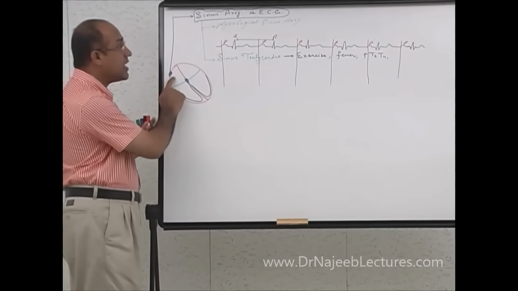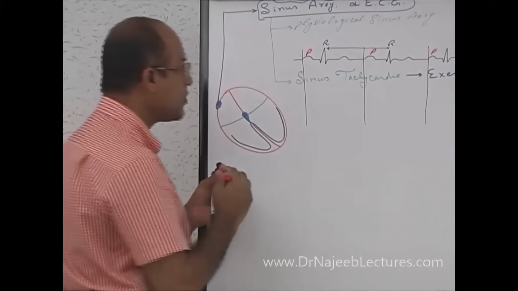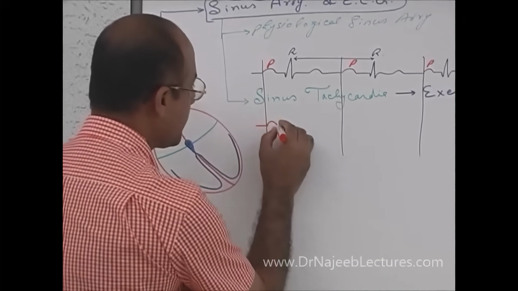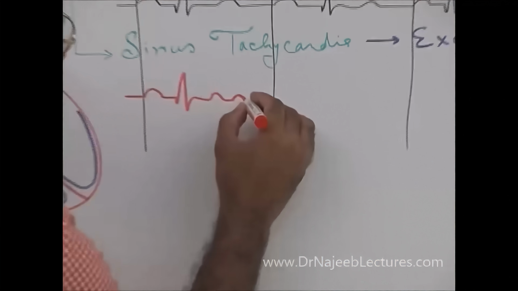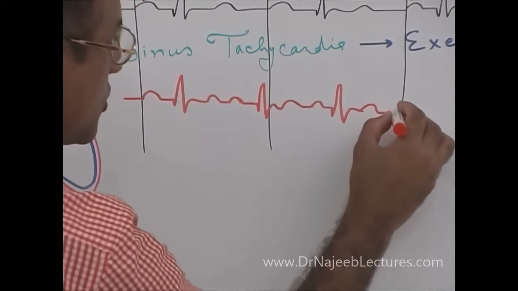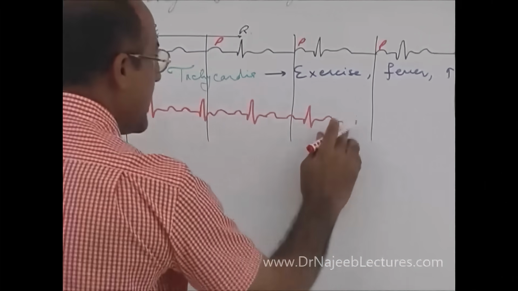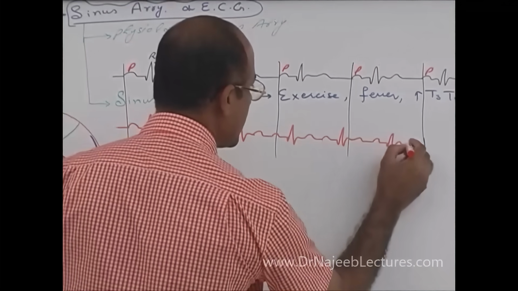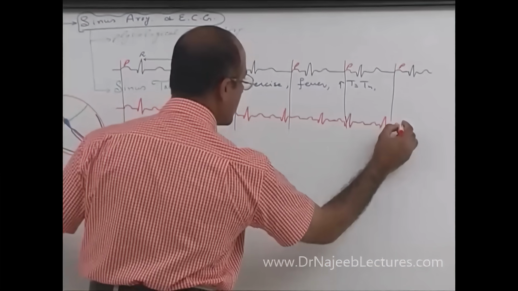It means that P waves will be produced more frequently in a given time. So look at the ECG of sinus tachycardia. Now the P wave appears earlier, and then again the P wave appears earlier. So due to increased activity of the SA node, right? What is happening? Now you can see in the same given time the heart rate has been increased.